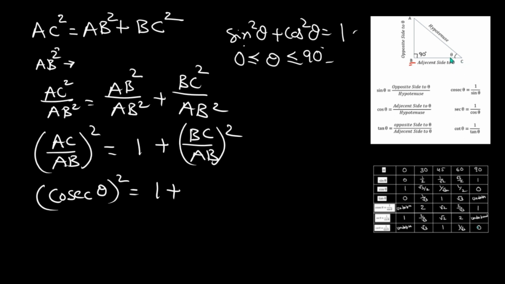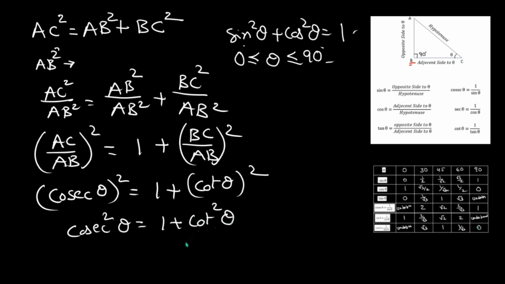Tan theta is opposite side by adjacent side, that is AB by BC. So BC by AB is cot theta. So cot theta whole square. It can be written as cosecant square theta equals 1 plus cot square theta. This is our second identity.